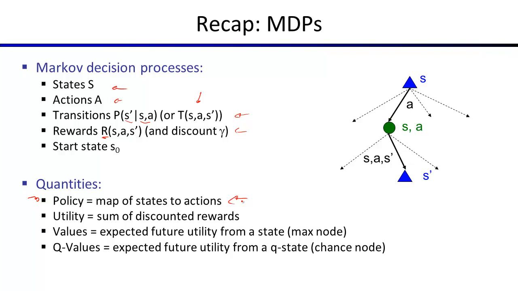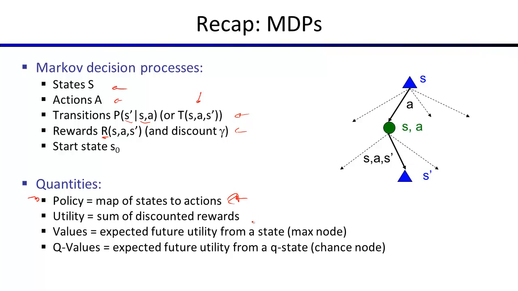If we have non-stationary utilities, or we have a finite horizon MDP where we know we'll only act for, let's say, 10 time steps, then the policy will prescribe an action for each state and each time step. So now it becomes a much bigger table, because once you have a non-stationary policy, it'll depend on the time step you're in. In particular, you'll index it by how many time steps are left in your MDP.